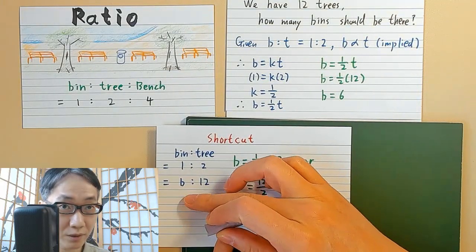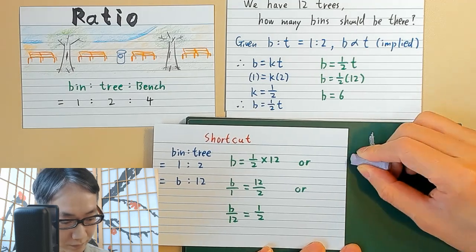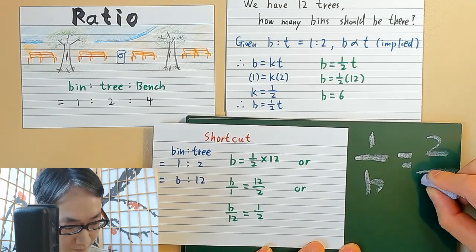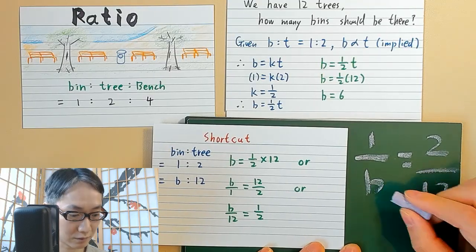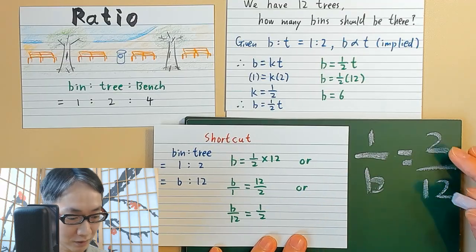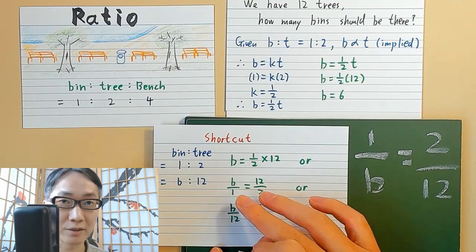We can also say 1 over B is equal to 2 over 12. This also works, same as this one. We just do the reciprocal of both sides.